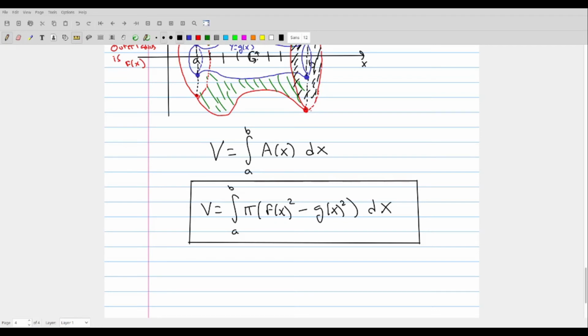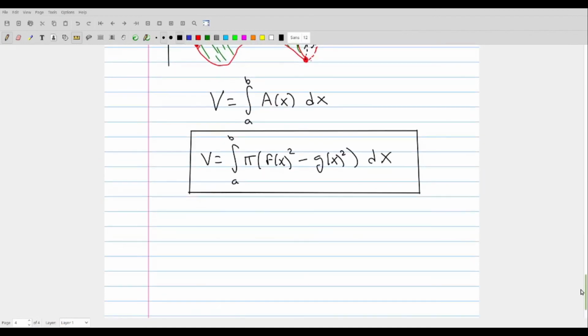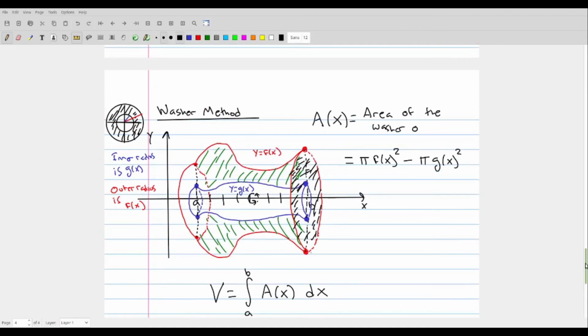So the last main thing to think about here, in terms of generalizing this method, is what happens if we're revolving around a different axis again. So instead of revolving around the axis y equals 0, if we revolve around a different axis, what happens?